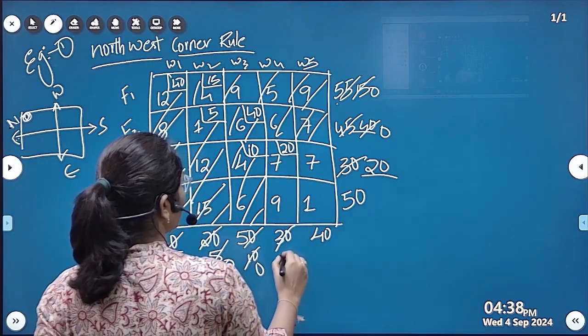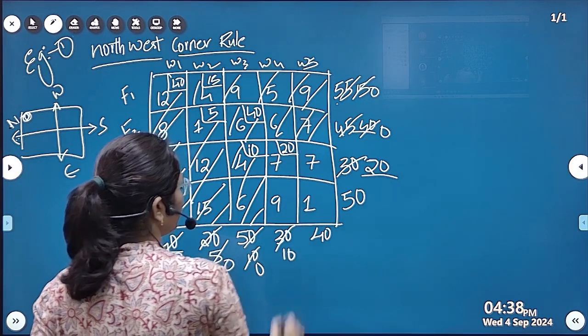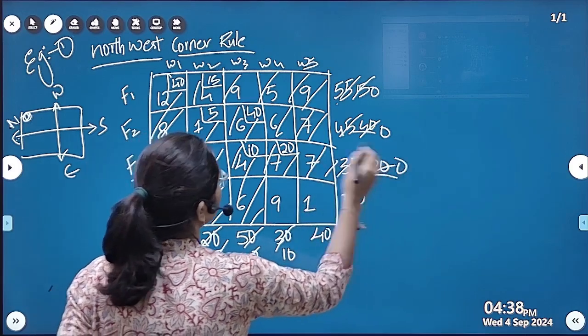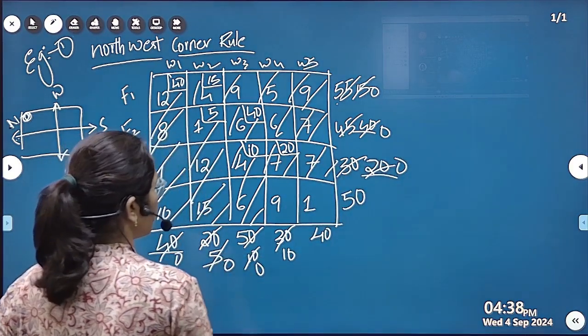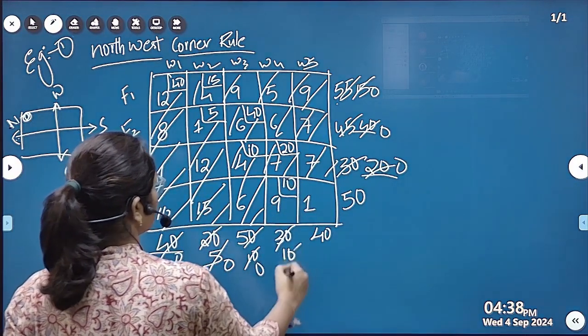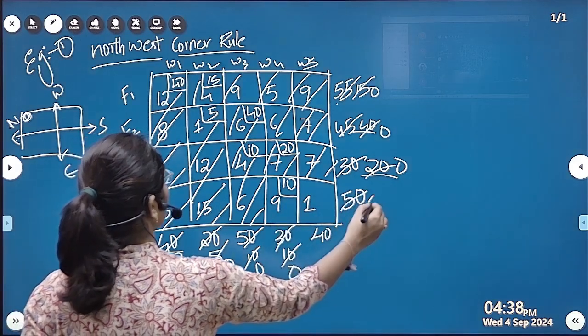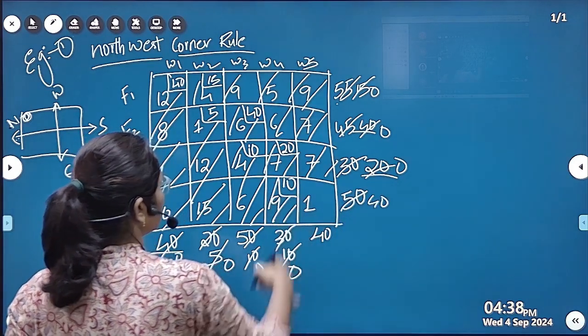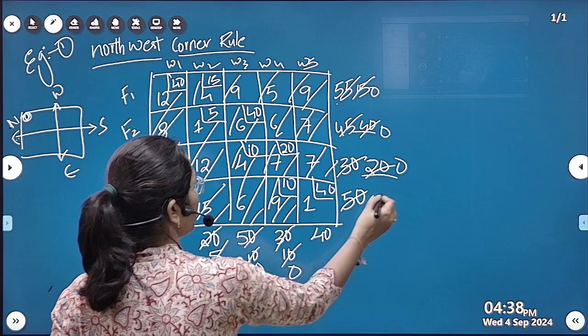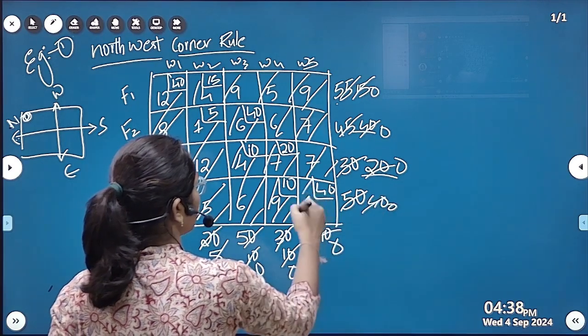So here reduce 20 units from 30, it will become 10. So this will be 0. So scratch it. So next here, in the 9, it is 10 units, right? It will become 0. Here it will be 40. We'll scratch it. Next here the 40 units and 40 units, 0, 0.